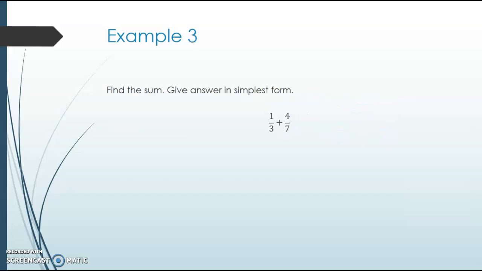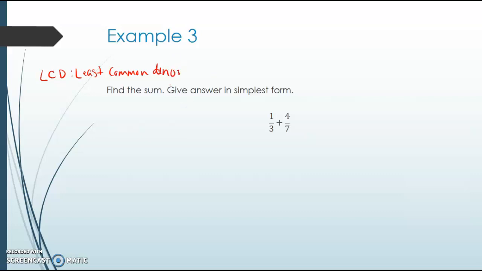Well, what happens if we have unlike denominators? And so when we're working with that, we need to find the LCD, which stands for least common denominator.